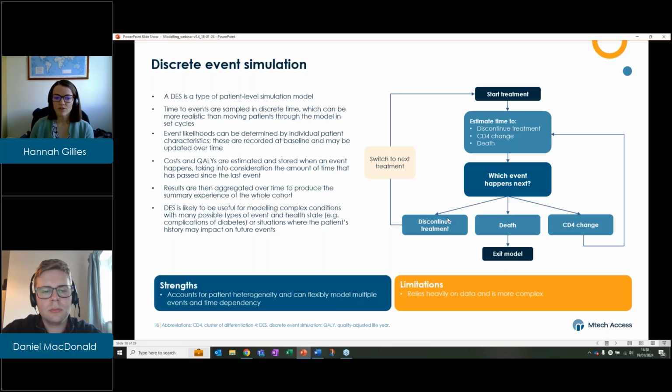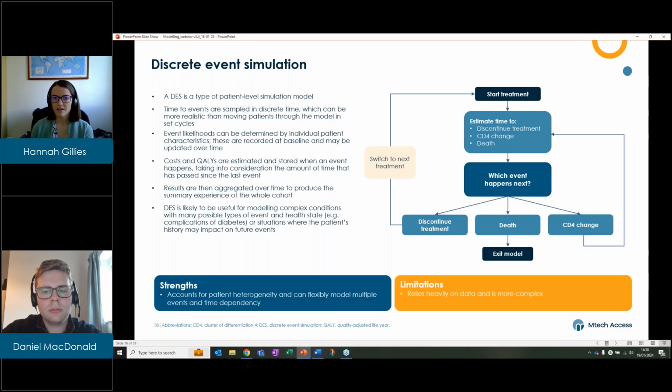So if I talk through the example model schematic on the right-hand side, this will help better explain how the discrete event simulation works computationally. The model starts by sampling one patient from individual patient level data. So you take that one patient's data points and their characteristics are stored.